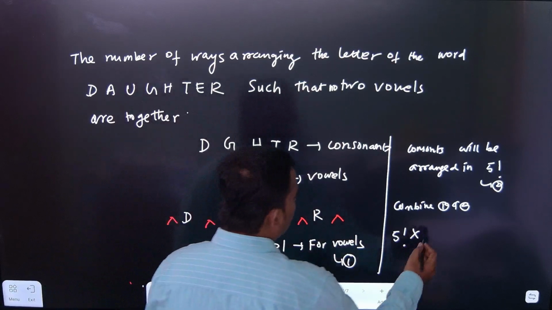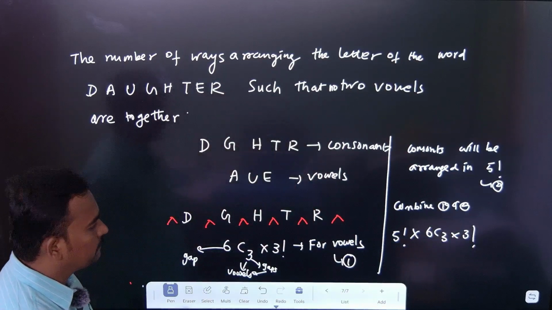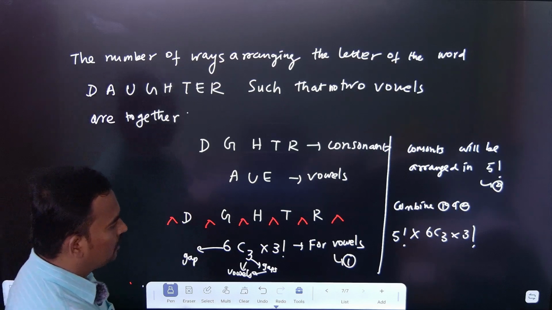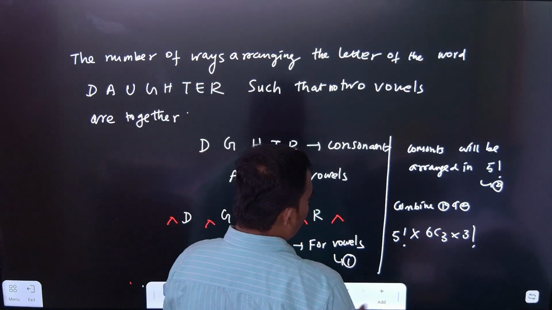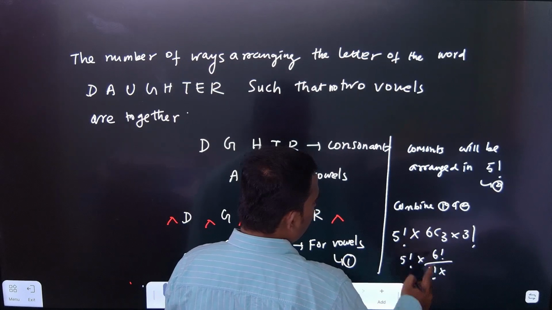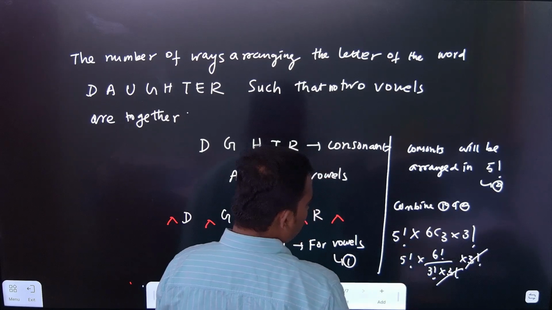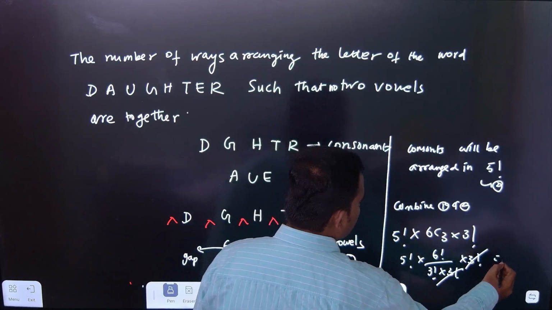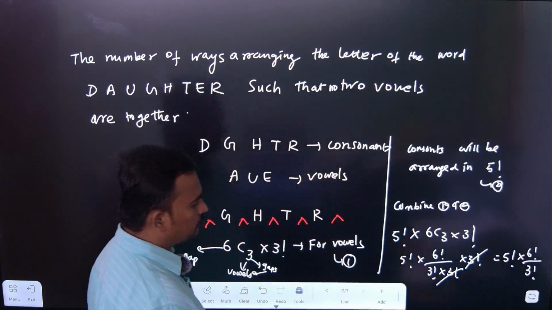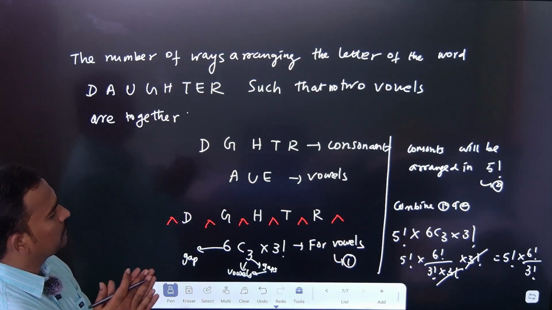This is the possible number of ways. Understand? Further simplifying, 5 factorial into 6 factorial divided by 3 factorial into (6 minus 3) factorial, that is 3 factorial, into 3 factorial; the 3 factorials cancel. So it is 5 factorial into 6 factorial divided by 3 factorial. You can simplify this further. This is your answer for that question.